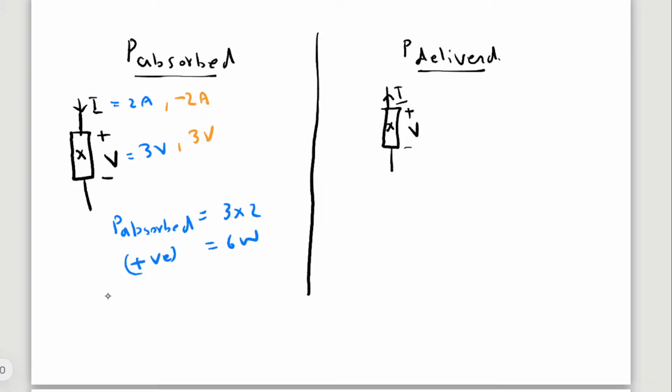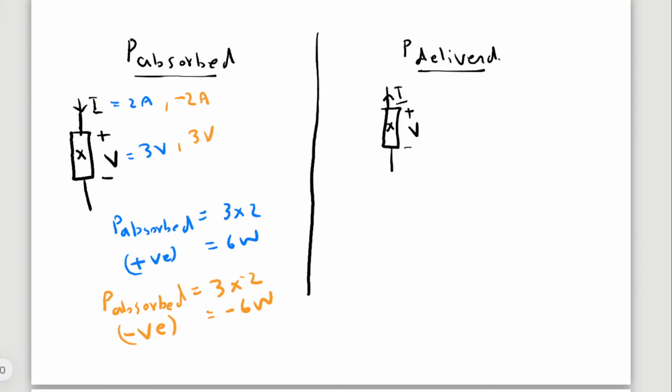In this case, power absorbed equals 3 into minus 2, which gives minus 6 watt. So the absorbed power is negative.